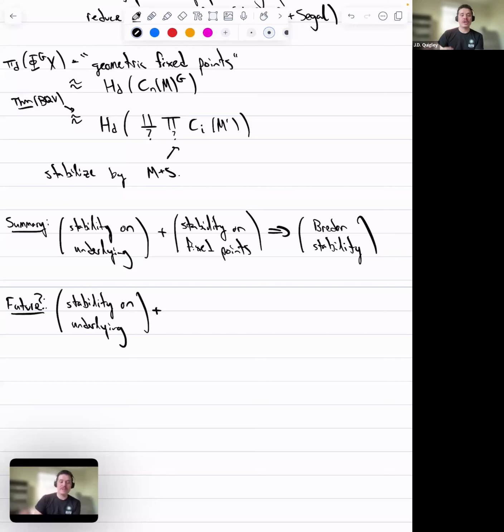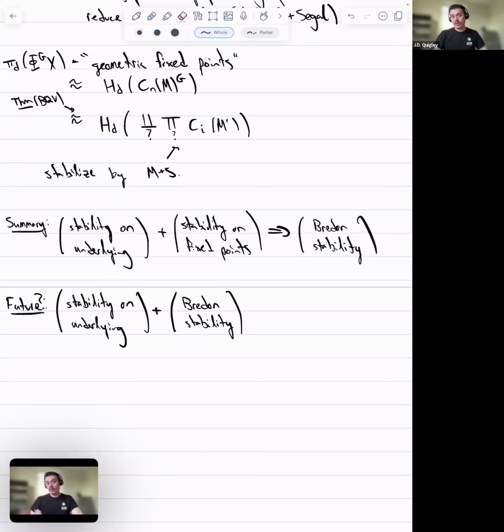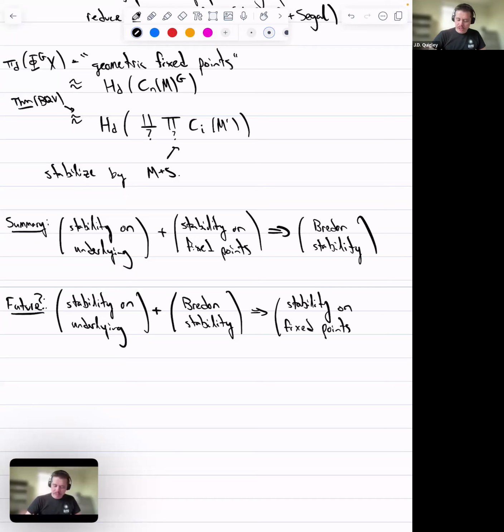And then instead of looking at the fixed points right away, try to adapt classical proofs of homological stability to prove Bredon stability directly. And so there's all sorts of nice ways of proving stability classically that seem like maybe amenable to the equivariant context. And if you could do this, then you deduce stability on fixed points. And without writing anything out, that could be something which could be interesting to consider.